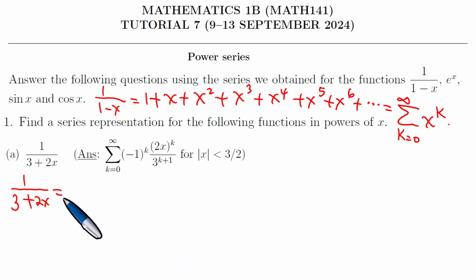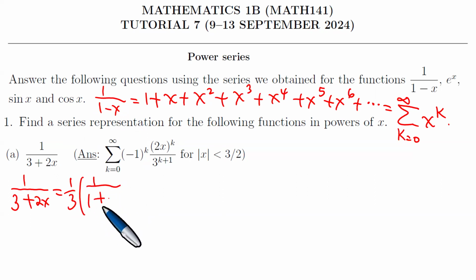At this point, you're going to have the following. You want to express this exactly in this form. This 3 must become 1, so that you have 1 over 1 minus x. How does it become 1? You factor out 1 over 3.